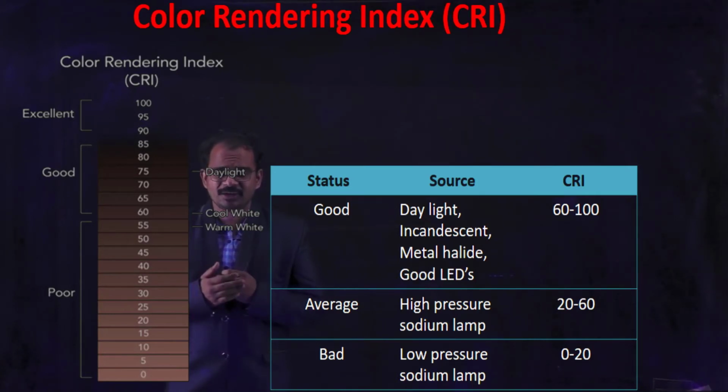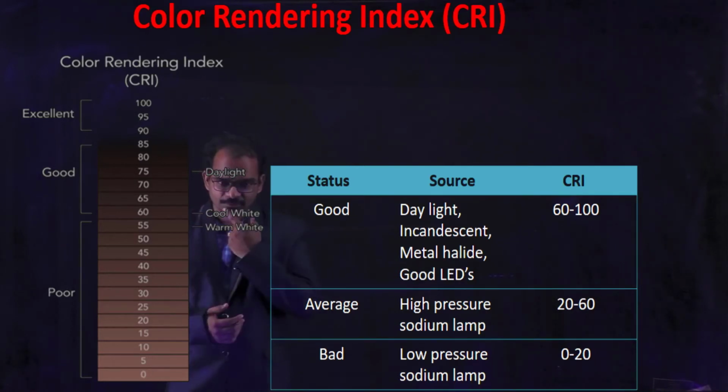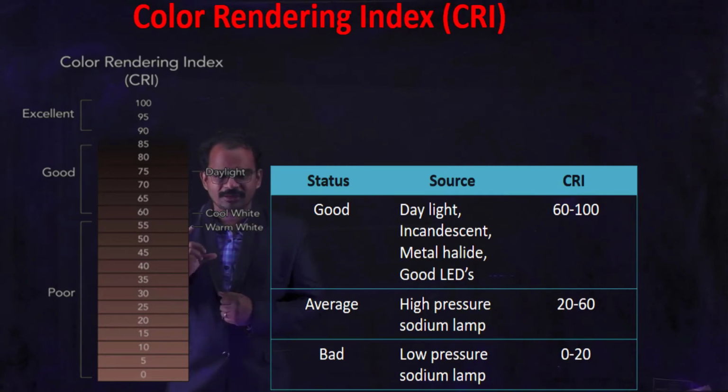If it is between 85 to 100, or above 85, you call it an excellent color rendering index. This poor range, between 0 to 60, is further classified into two subcategories. If it is between 0 to 20, you call it perfectly bad. If it is between 20 to 60, you call it average.